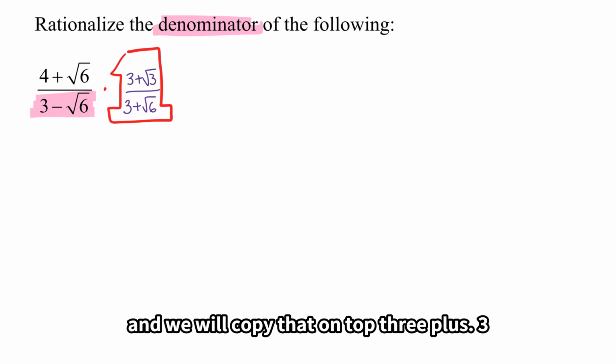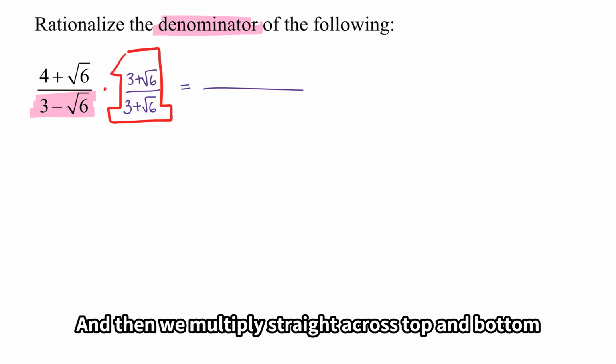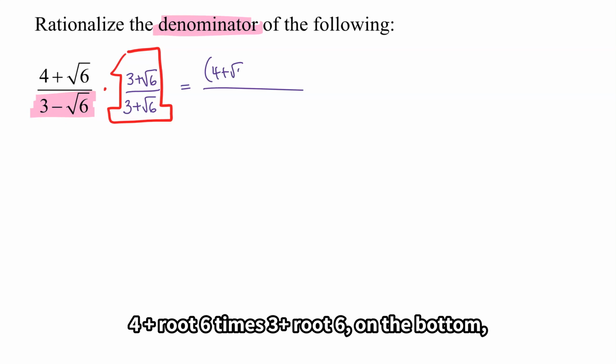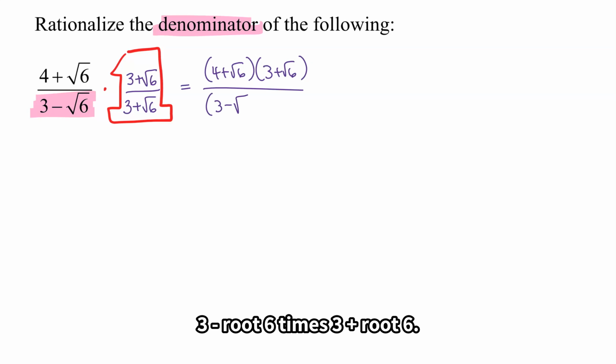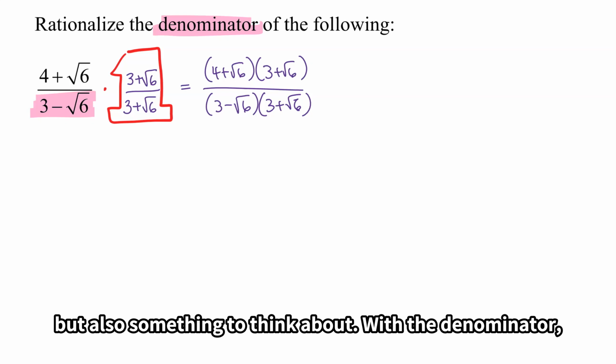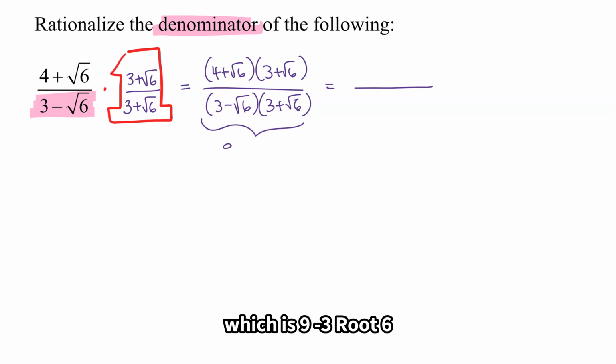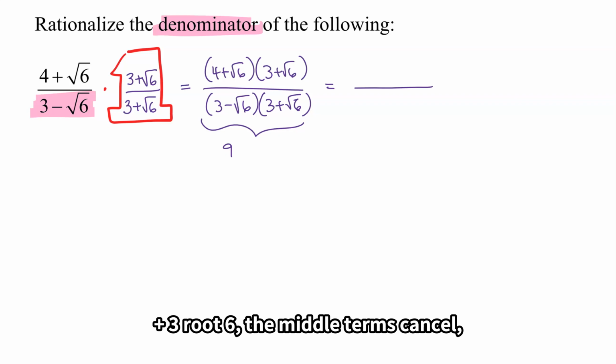3 plus root 6. And then we multiply straight across top and bottom. 4 plus root 6 times 3 plus root 6. On the bottom, 3 minus root 6 times 3 plus root 6. And then two things to multiply out, but also something to think about. With the denominator, this is going to multiply to be 3 times 3, which is 9, minus 3 root 6 plus 3 root 6.